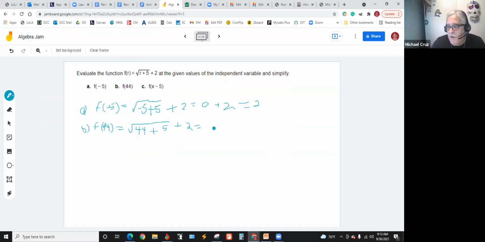So 44 and 5 is 49, which ends up being a perfect square. So 2, 9, and what about C? C's got a variable in it, but we're still going to replace the radical with that x minus 5. So there's going to be another variable in there, and likely we probably won't be able to simplify it down to a number.